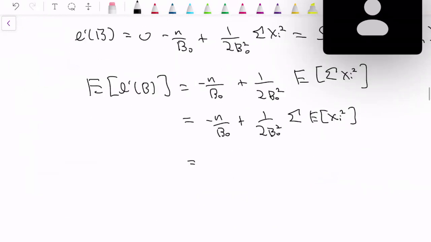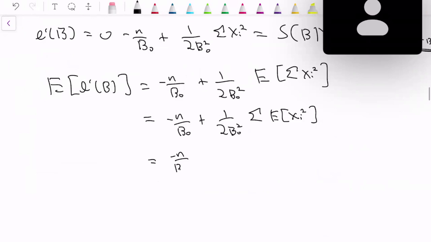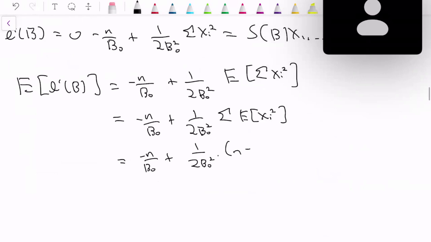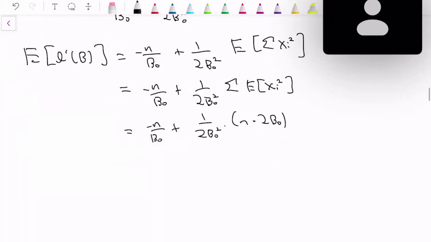So we'll just use that: 1 over 2 beta naught squared times n times 2 beta naught. So this will cancel. You get negative n over beta naught plus n over beta naught, and that's 0.